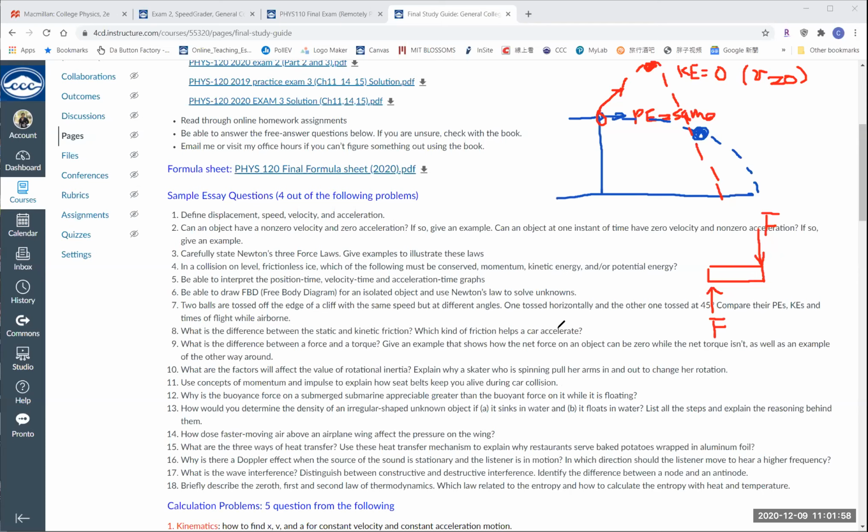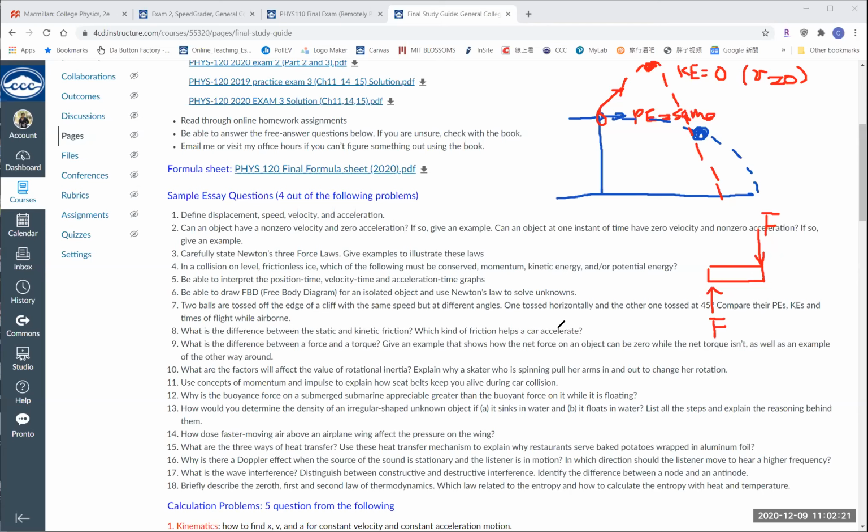If you put the submarine fully submerged in the water, it actually tries to go up because your buoyancy force is only the density of the fluid times the volume of the submarine. That's the weight of the submarine.